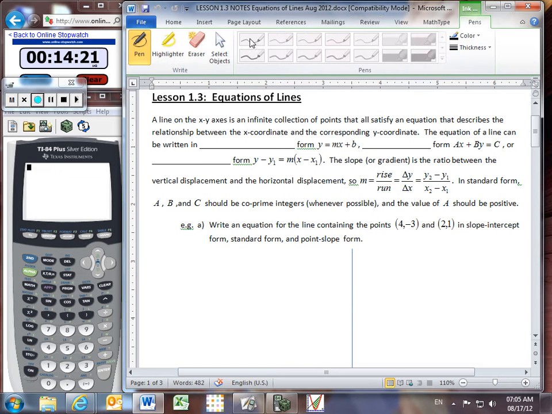First of all, you'll remember this one, slope-intercept form. That's the one we write as y equals mx plus b, where m is the slope and b is the y-intercept. The next form, ax plus by equals c, is known as standard form.